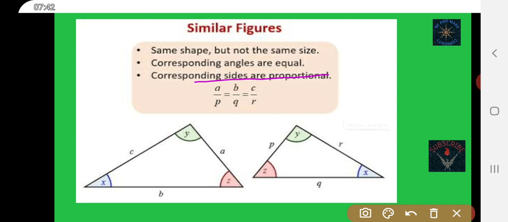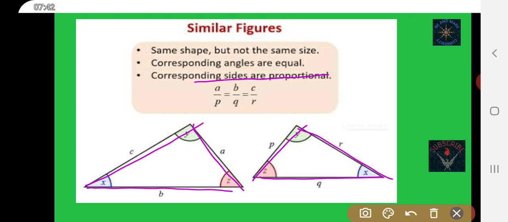Here AB corresponds to PQ, and this side corresponds to this side, and this side corresponds to this side, and they are proportional. So these two conditions must be satisfied to be similar triangles.